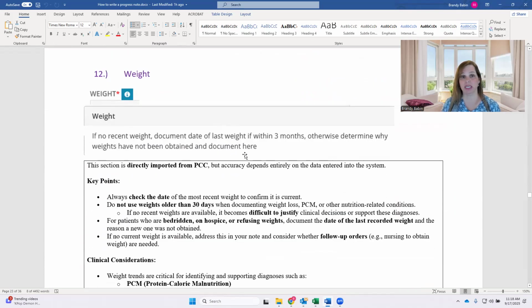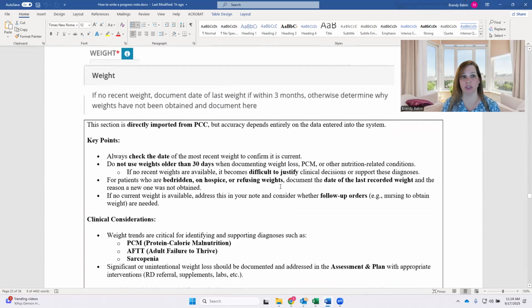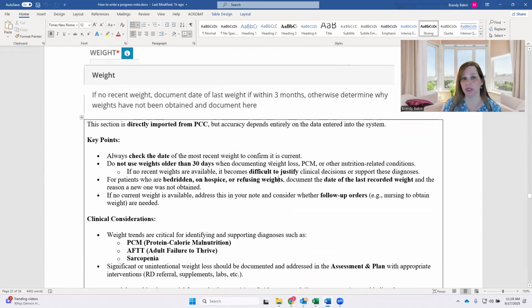Your weight comes in. If the weight is within the last 3 months, you can put a parentheses around it and then justify why you don't have a recent weight. So if weights are older than 30 days, we're not going to document any weight loss, protein, calorie, malnutrition, or other diagnosis with that weight.